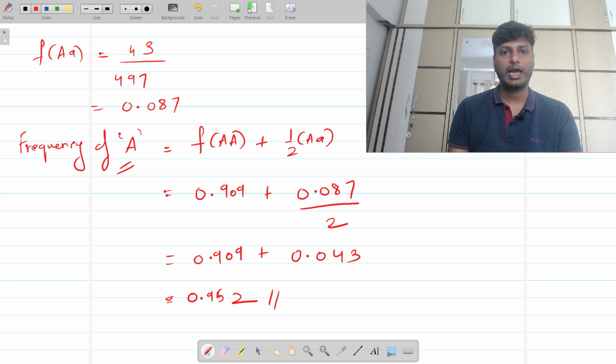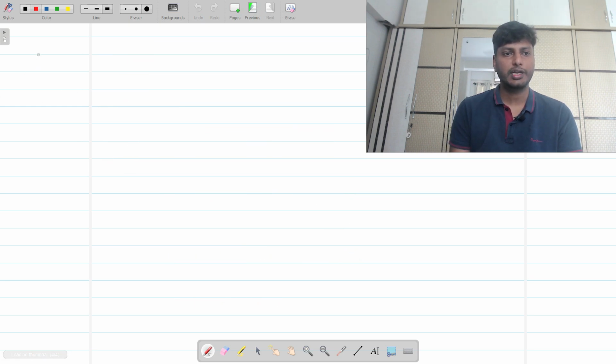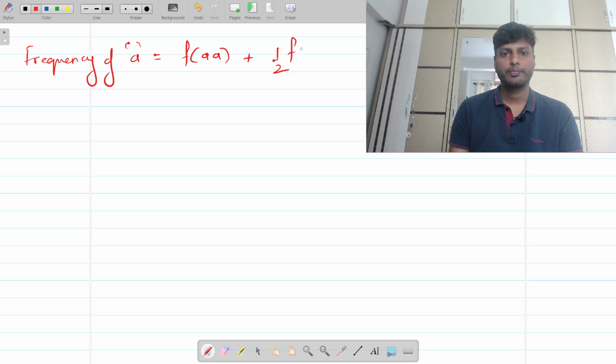Similarly, if you calculate the frequency of the recessive allele, that is the frequency of small a, it will be the same formula, but only that in this case it will be the frequency of homozygous recessive individuals plus half the frequency of heterozygous individuals. Because again here in this case, the heterozygous individuals have only a single copy of the recessive allele.